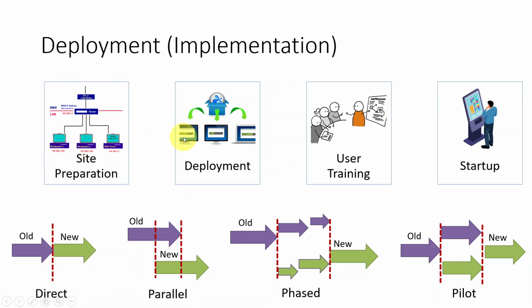We have to do some user trainings if it is a complex functionality or big system, and also we have to come up with a strategy for startup. There are different strategies like direct startup, parallel startup, phase startup, and pilot startup. It all depends on the amount of risk we can take and also the criticality of the system.